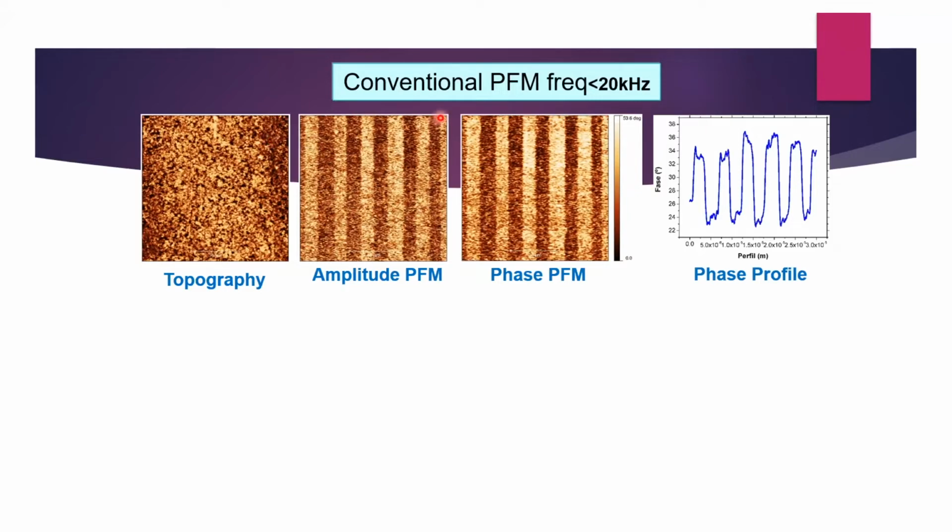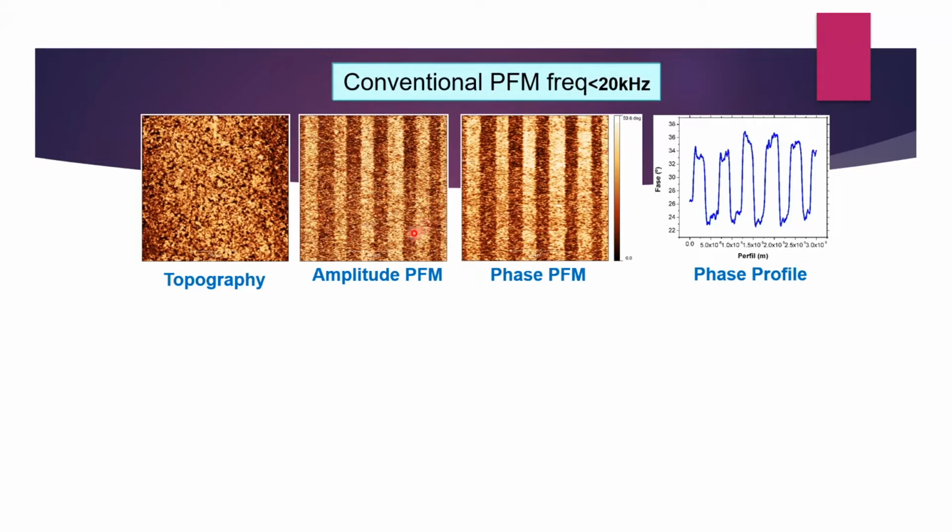First, with the conventional PFM, choosing a frequency lower than 20 kilohertz, we obtain this kind of image, where we can see that the amplitude has a direct correlation with the phase and doesn't follow the rules.